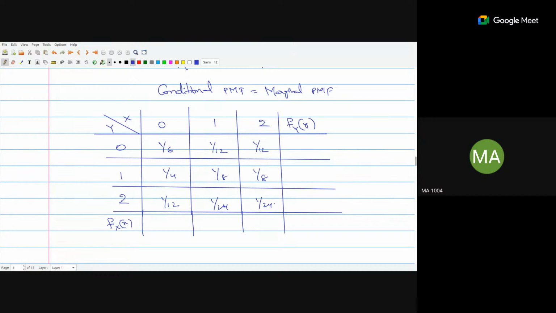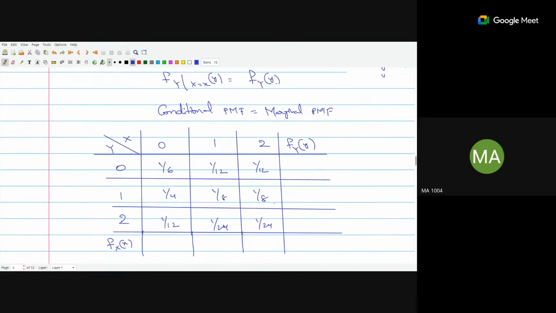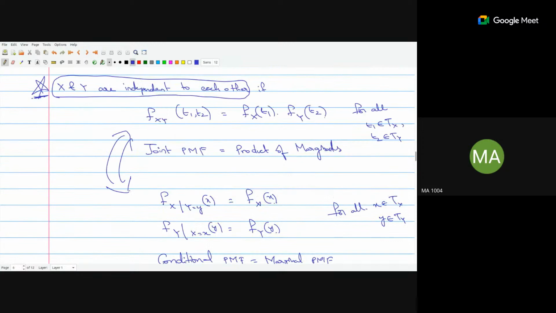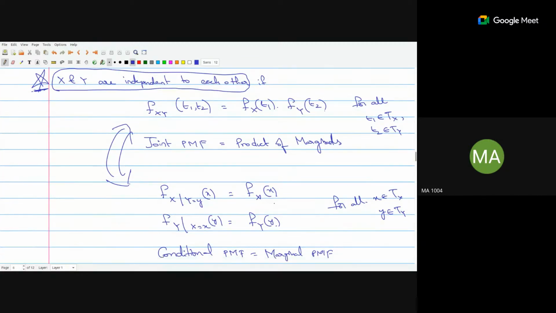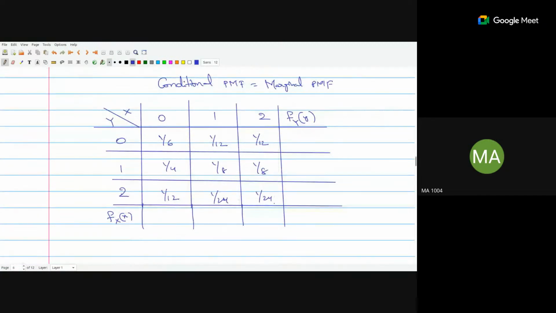If I want to conclude whether X is independent of Y or not, my first step is to find the marginals, because I need to check whether this joint PMF is equal to the product of marginals or not. For that I need the individual marginals. To compute the marginals of X, I have to add up all the column values.